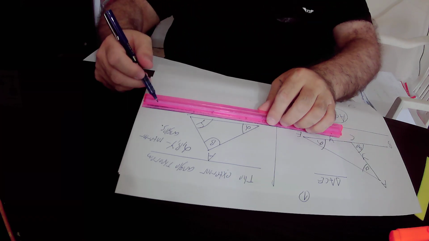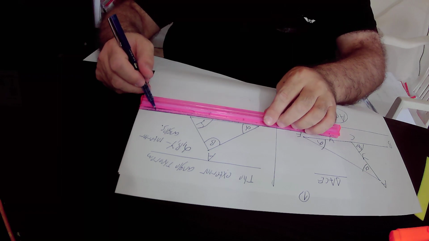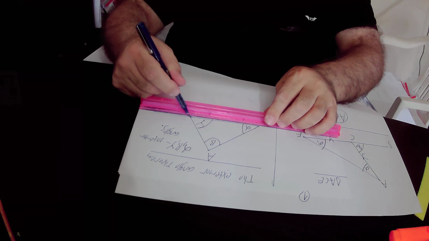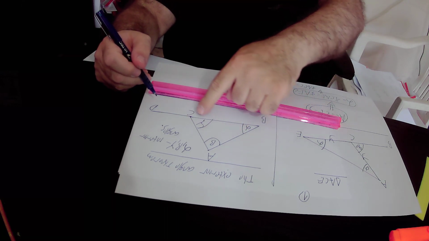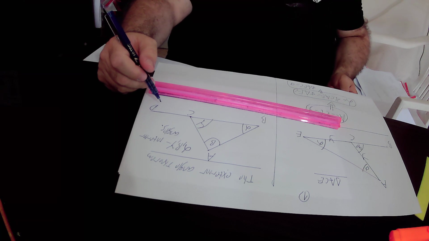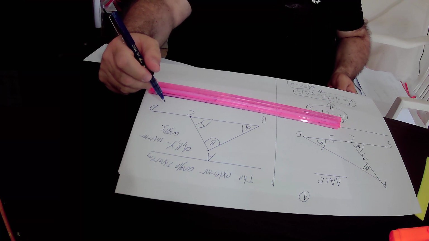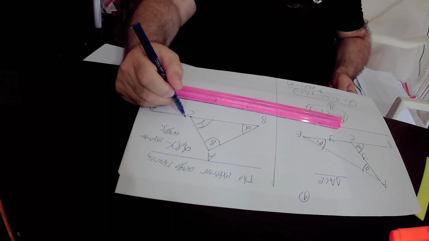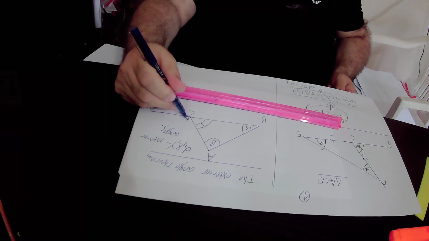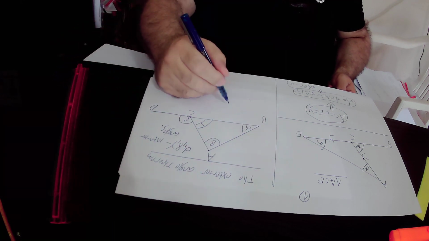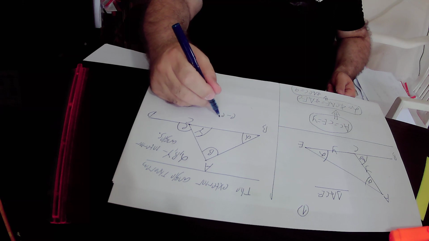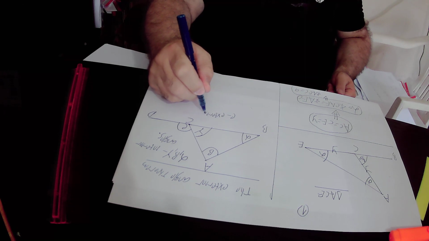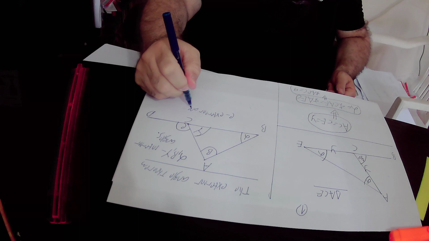While this angle ACD is defined as an exterior angle. So we will define angle ACD as E, and I write it down that angle E is defined as an exterior angle of triangle ABC.